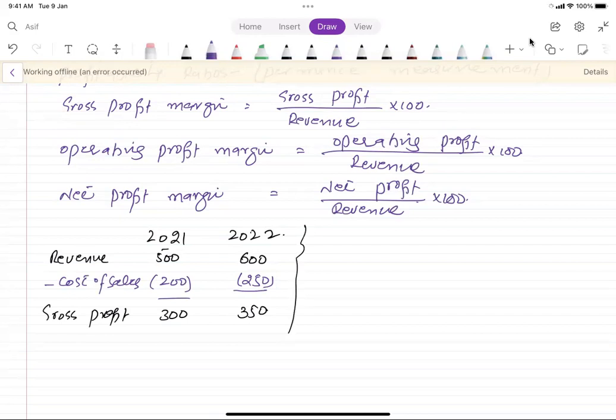If the examiner asks us generally which year is better, all of you are reading this statement, 2021 and 2022, which year is better according to you? What do you think, Hamza? 2022 is better.